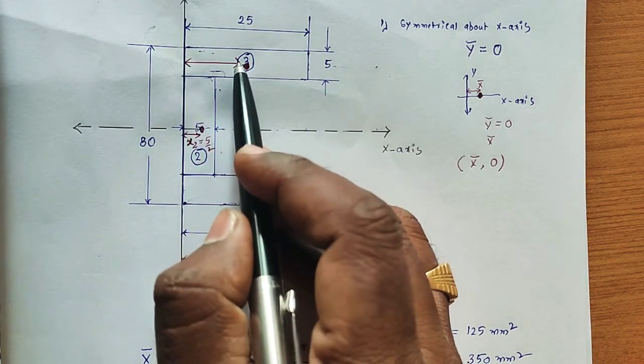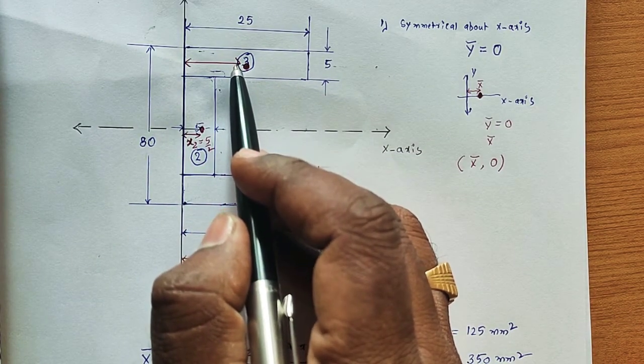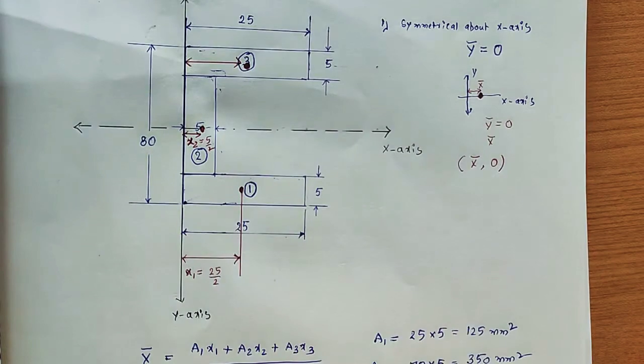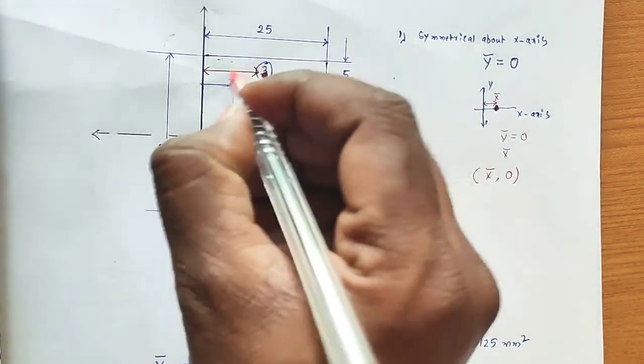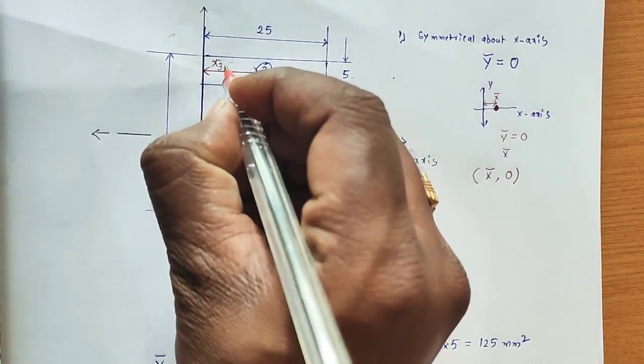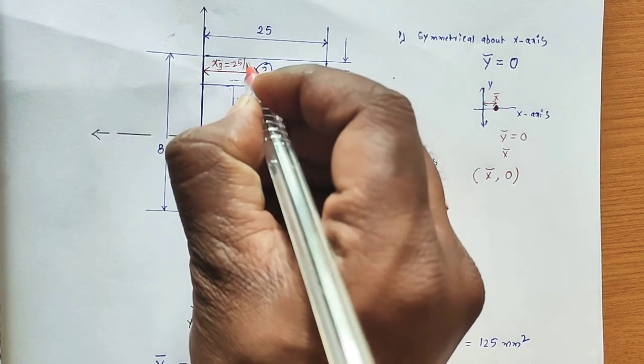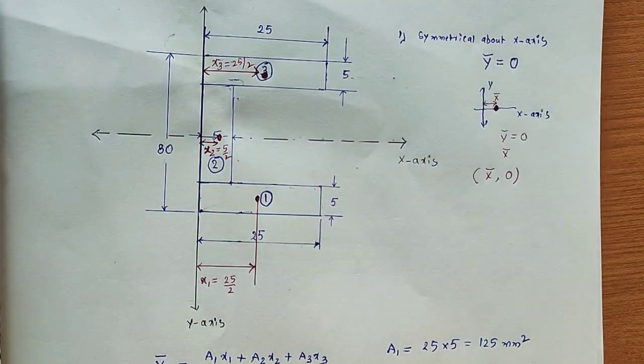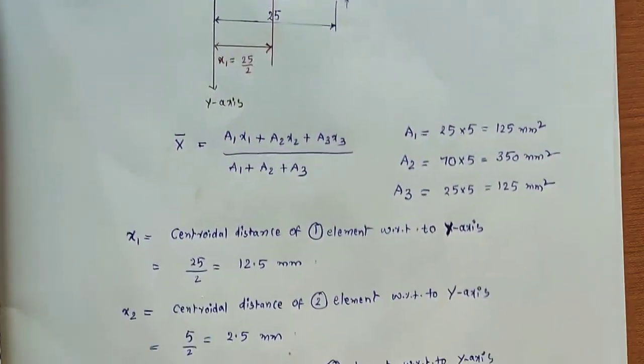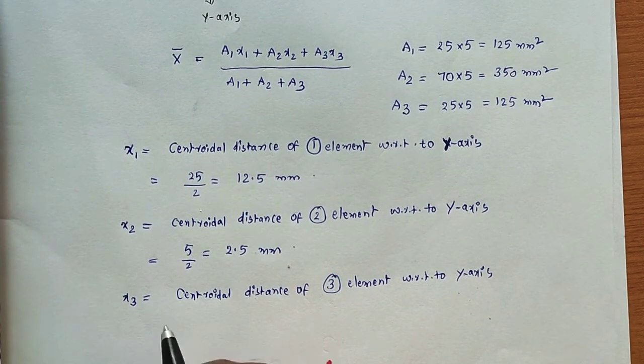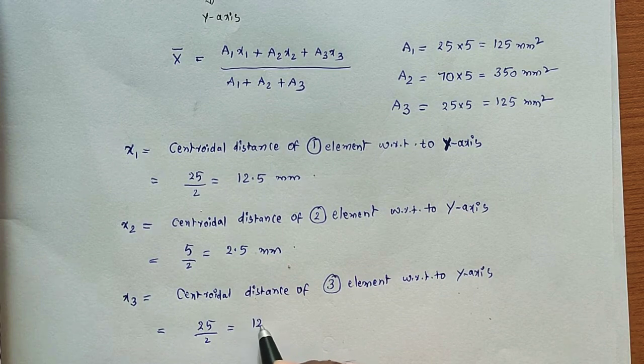So the centroidal distance is 25 by 2, that is 12.5. So x3 equals 25 by 2, that is 12.5 mm.